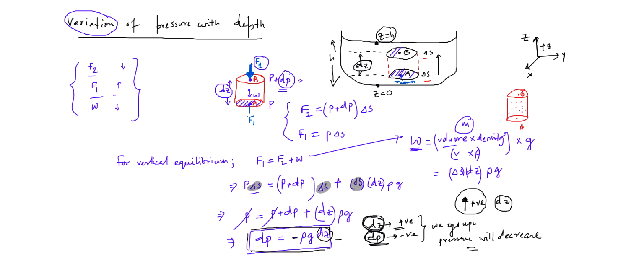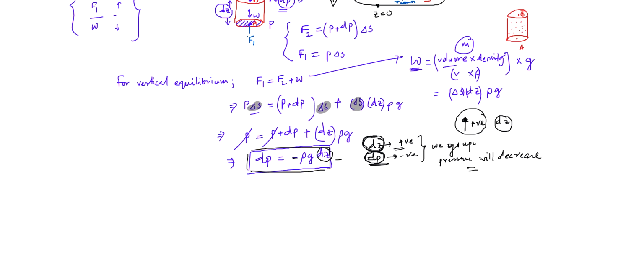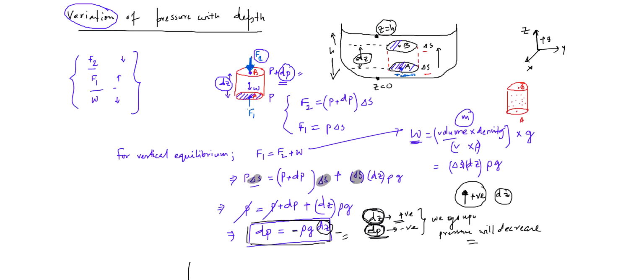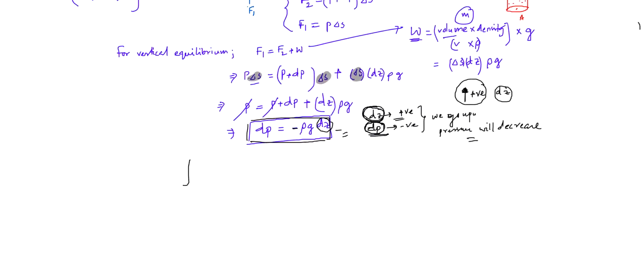How to derive this? Let us use this equation. Assume that here the pressure is P1 and here the pressure is P2. As we are going up, the pressure varies from P1 to P2.